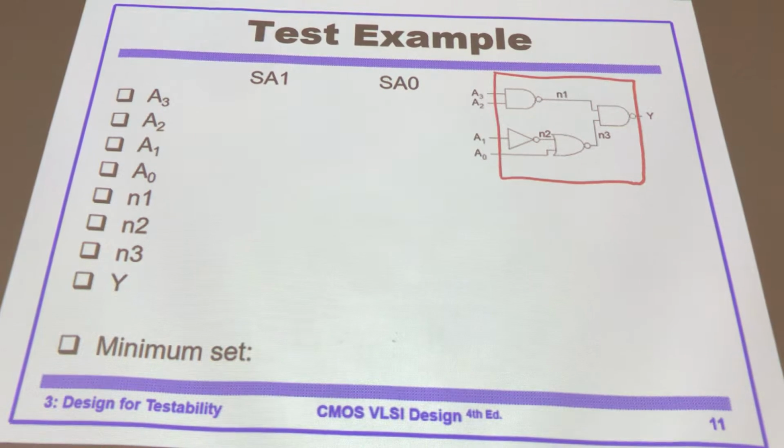So given that we try to test all the cases, how many input patterns do you need to test the whole chip? Every case should be tested. How many patterns for the input, totally?